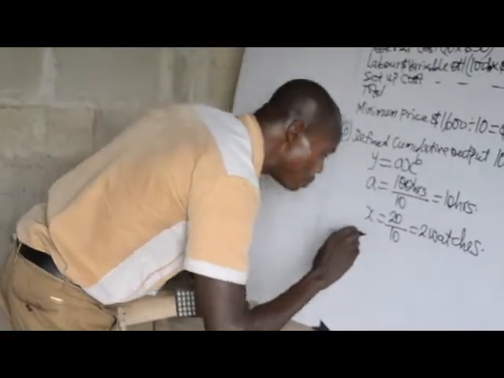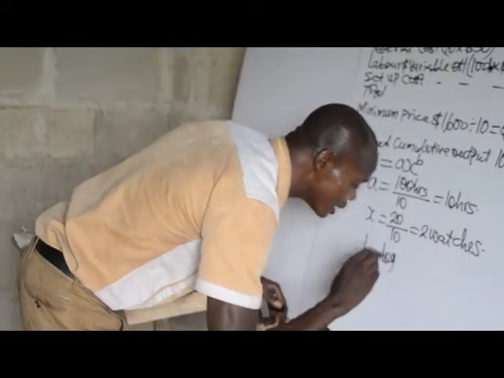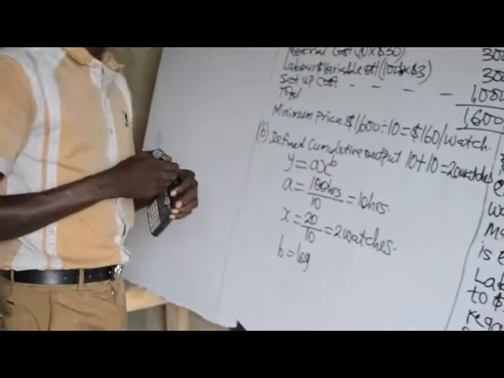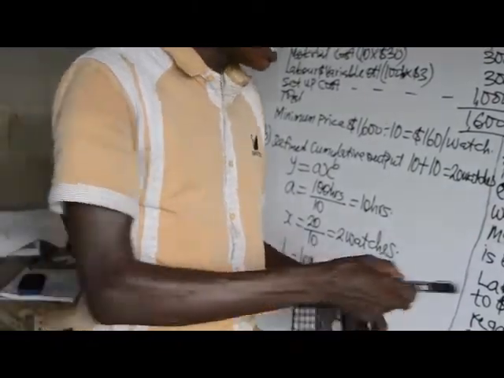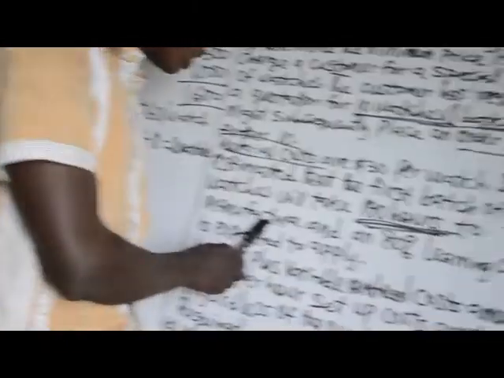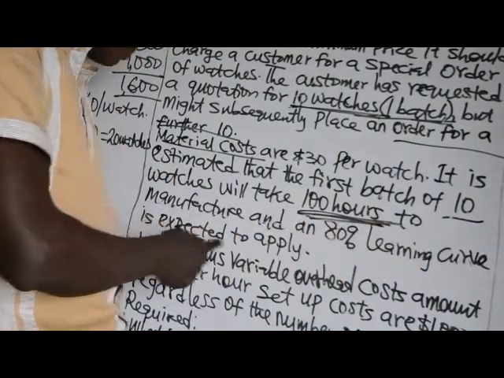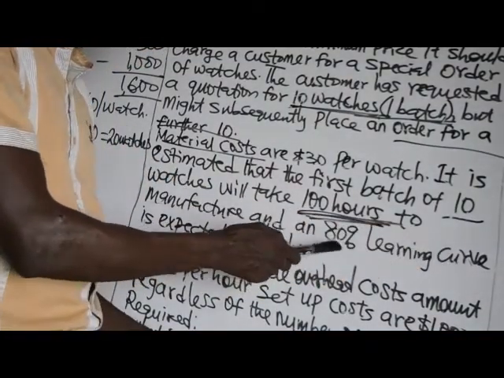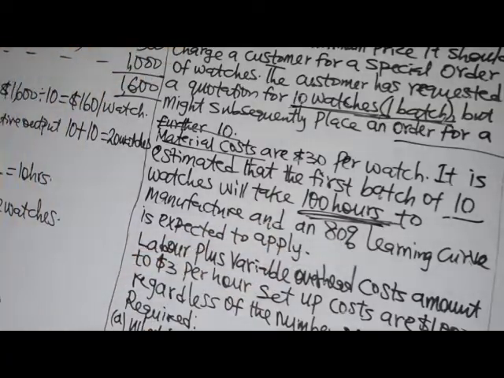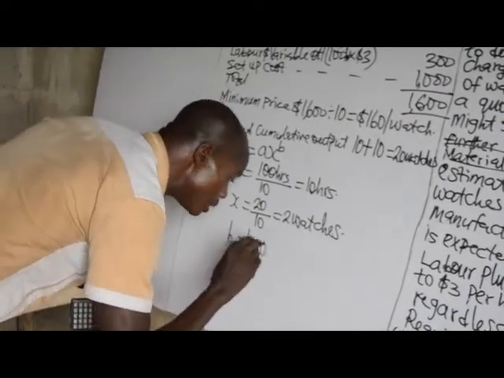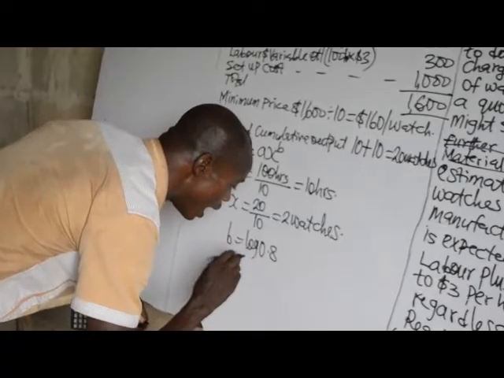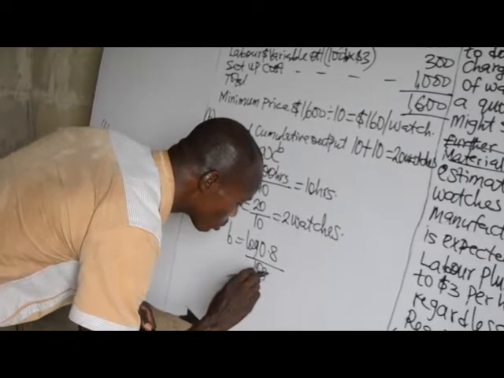Then, I've told you that B is the logarithm of learning rate over log 2. And if you go back to the question, an 80% learning curve is expected to apply. Therefore, our learning rate is 80%. So we have log of 0.8 over log 2.